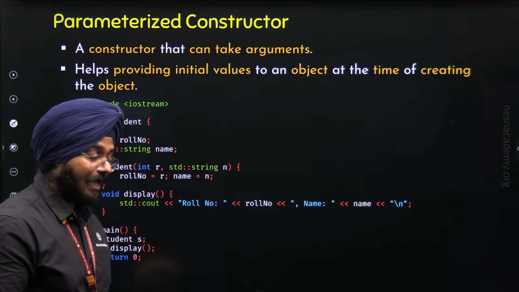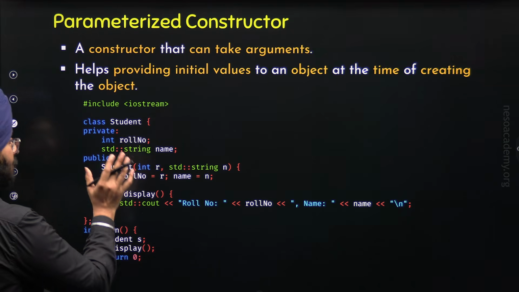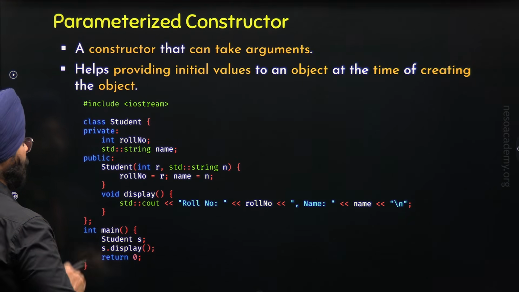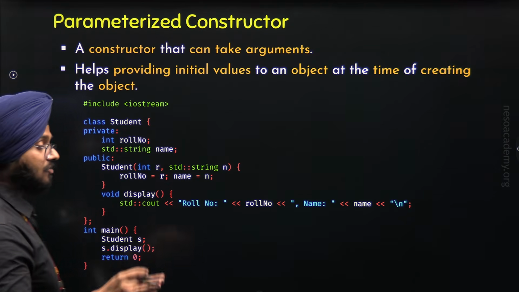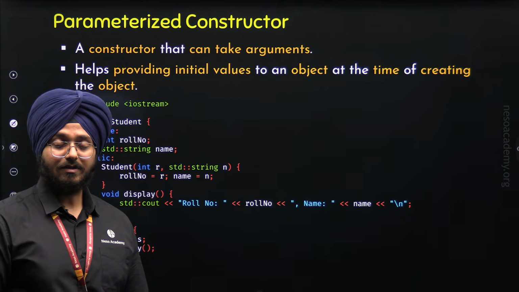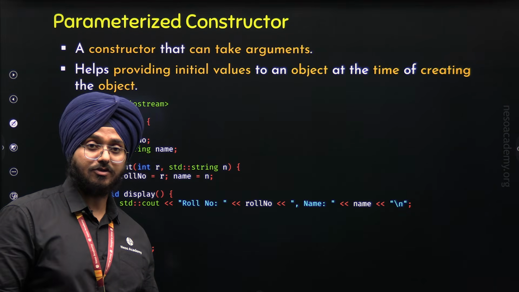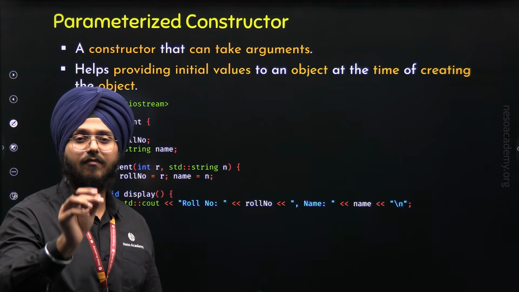But here we are not initializing this object, therefore the default constructor must execute. But there is no default constructor that we have defined in this class. We learned this already in the last lecture that if we do not provide the default constructor on our own, then the compiler will provide the default constructor.